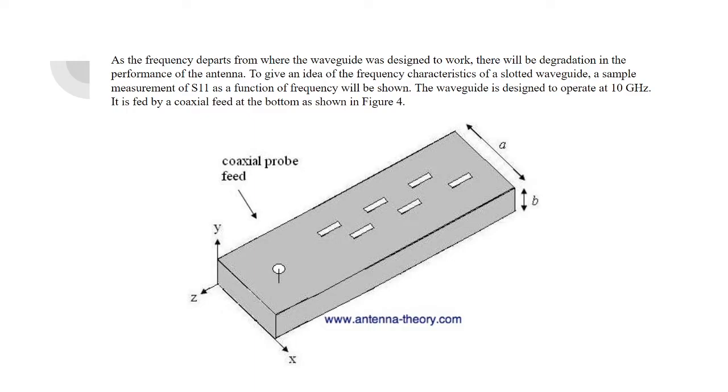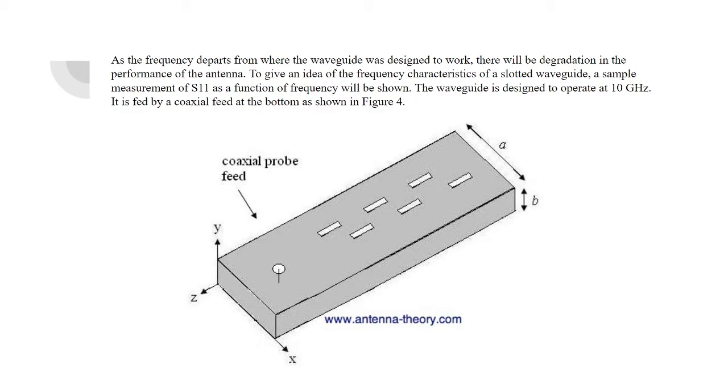So note that the design parameters are only valid at a single frequency. As the frequency departs from where the waveguide was designed to work, there will be degradation in the performance of the antenna.